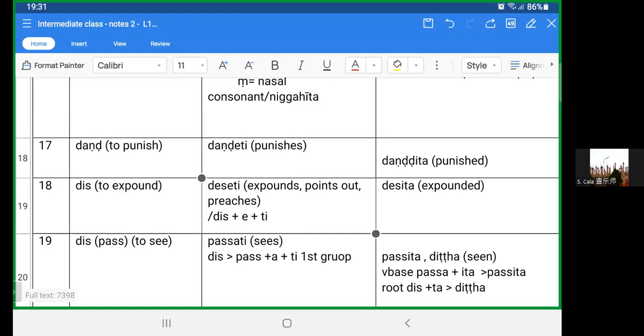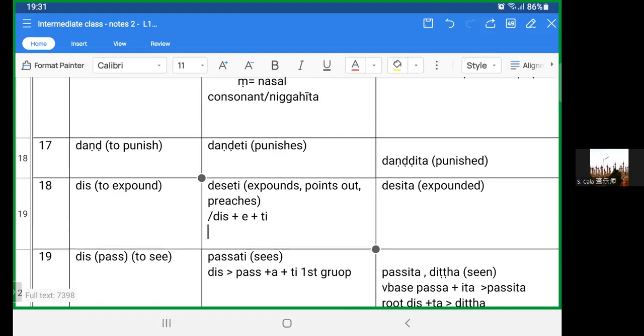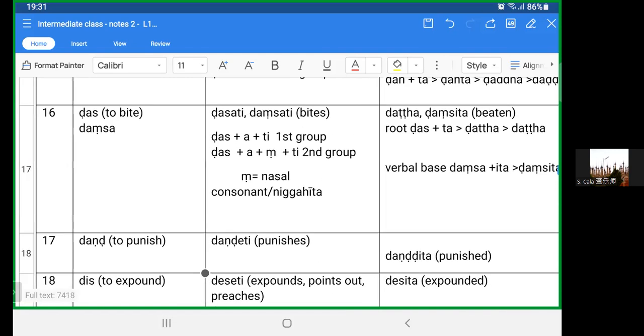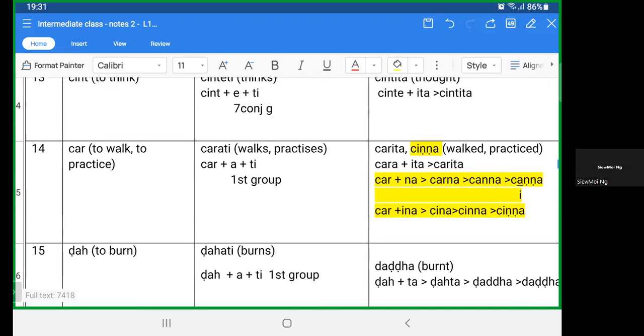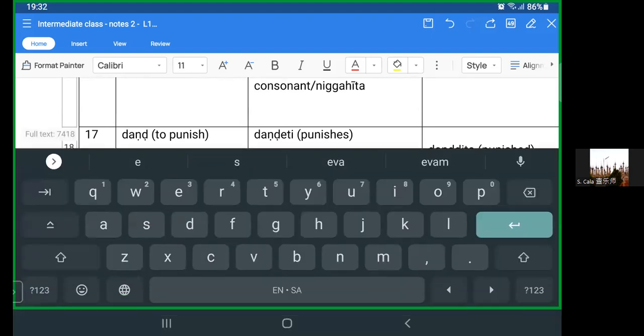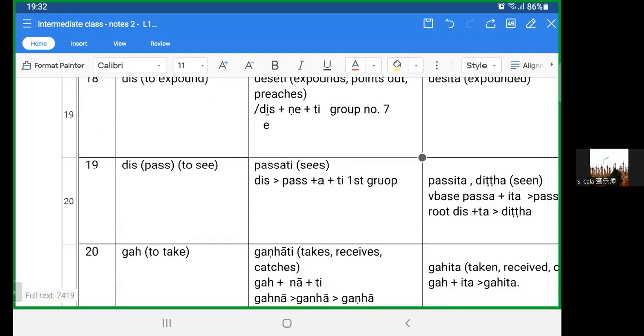But why is it changed to E? You must explain that there's a reason. Which group can E be? I think it's group 2. Group number 7, you see this. So just now we have this, and we call it this one. Sometimes people put this and dot this to signify there's a group 7.